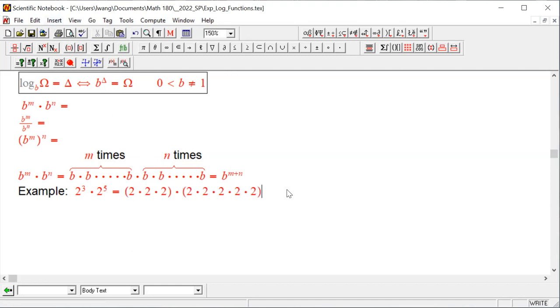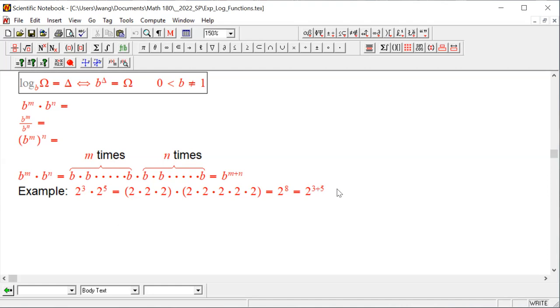And together, you get 2 to the power of how many times? 1, 2, 3, 4, 5, 6, 7, 8. So 2 to the power of 8, and 8 is 3 plus 5.